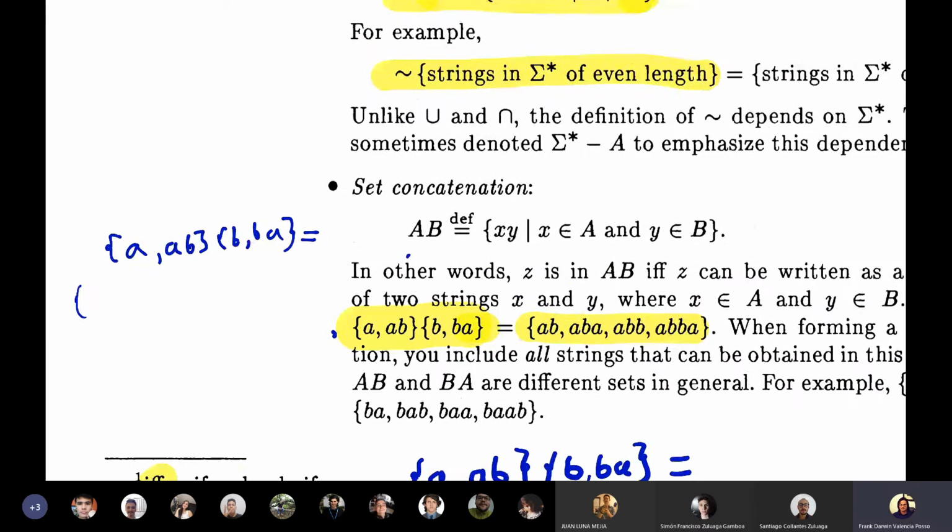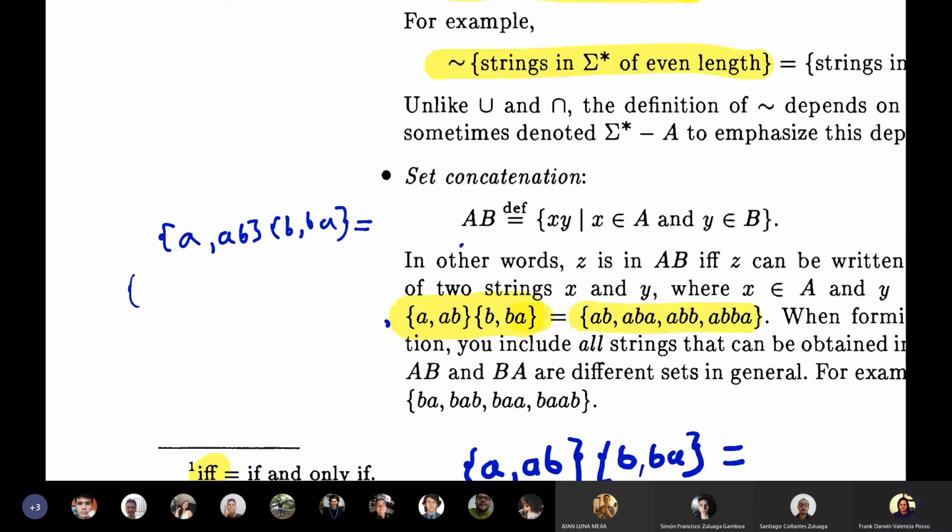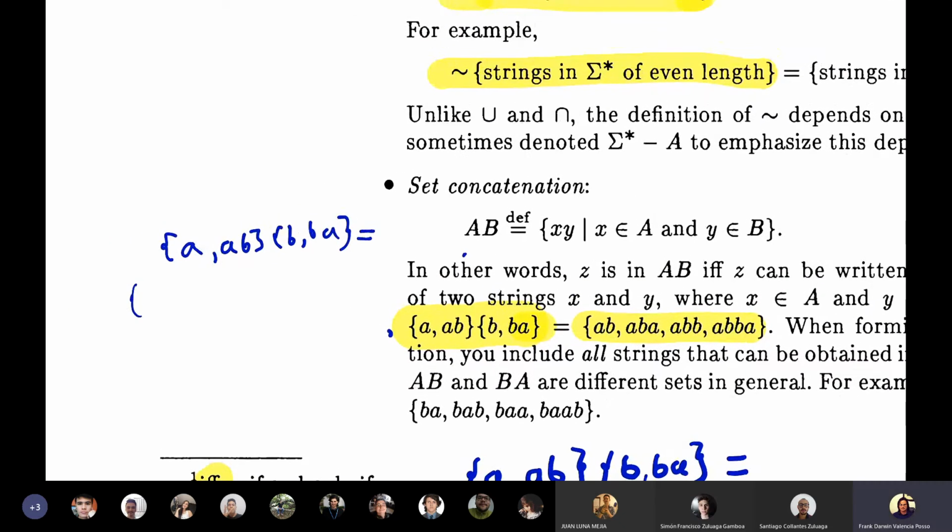Here's the definition if you want. Isabela? What's the concatenation of these two sets? They're on the screen right now.